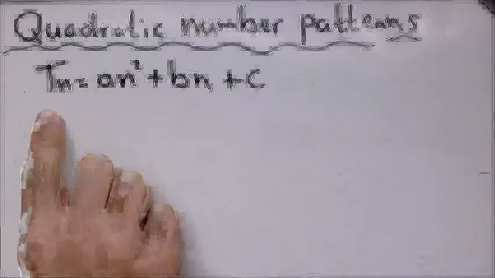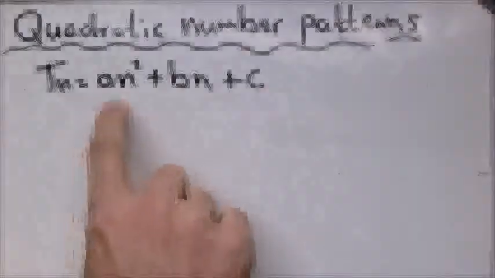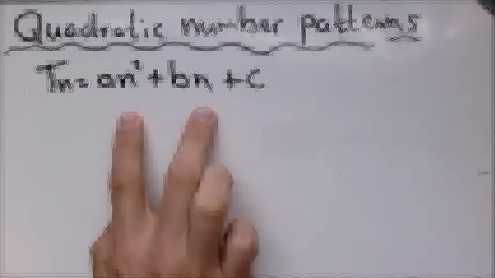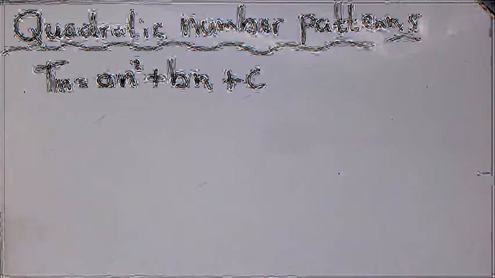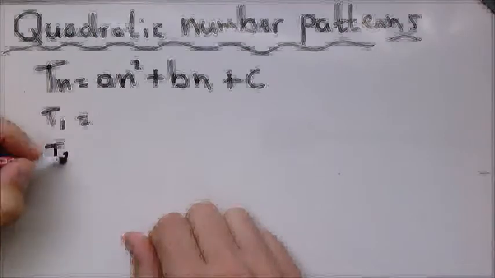Can you see it's just the same as any parabola? It would have been y equals ax squared plus bx plus c. Now we're just using n because we are working with number patterns. N for number patterns.